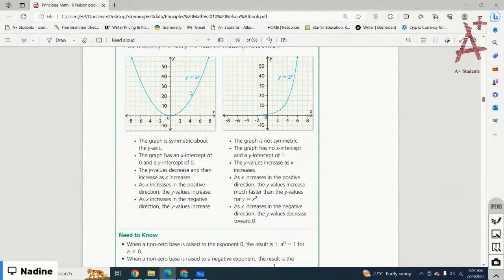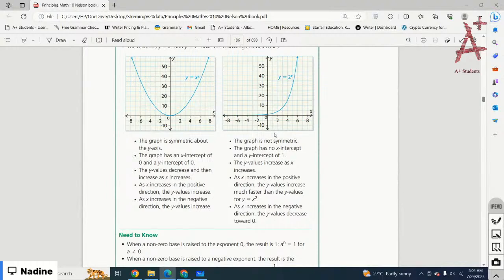That is for the quadratic relation, and for the exponential graph the graph is not symmetric. Then the graph has an x-intercept of 0 and y-intercept of 0. So for the exponential graph the graph has no x-intercept and a y-intercept of 1.